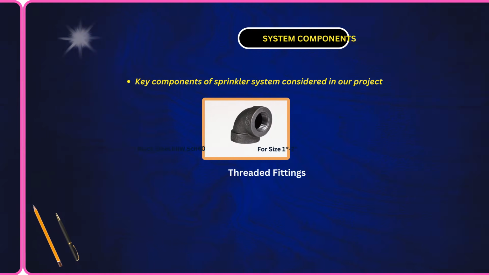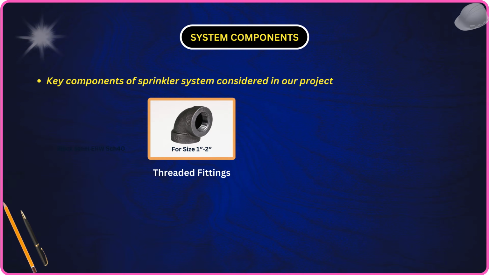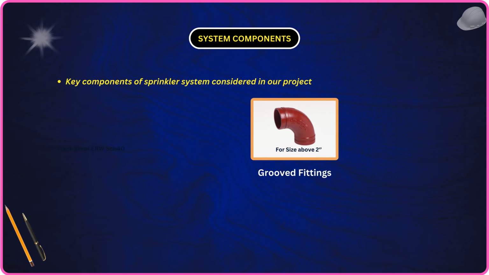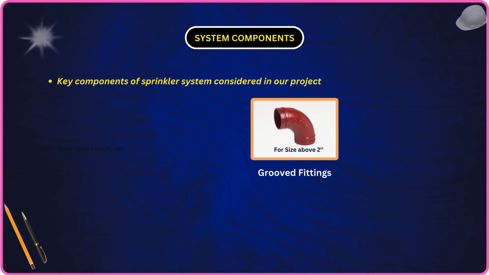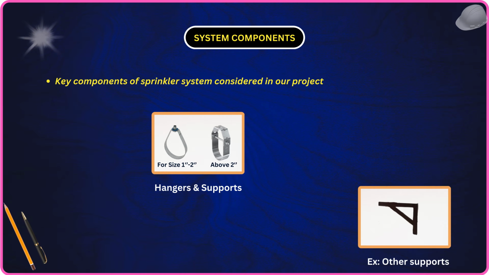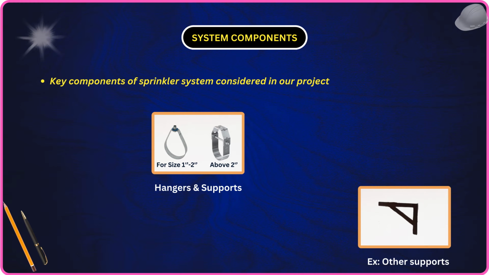For the fittings, we will use malleable iron threaded fittings for sizes 1 inch to 2 inch, and for above 2 inch we consider ductile iron grooved fittings. Hangers and supports. We will use UL/FM approved swivel hangers for sizes up to 2 inch, and for above 2 inch we use clevis hangers. Channel supports and riser supports will also be considered as applicable in our project.